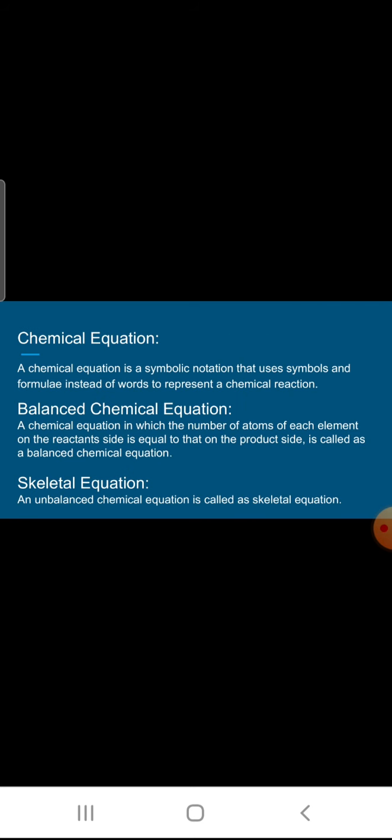Next is the chemical equation. Chemical equation is exactly writing of an equation with the help of symbol and formula instead of word to represent a chemical reaction.